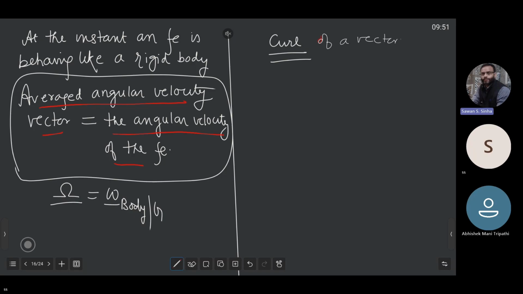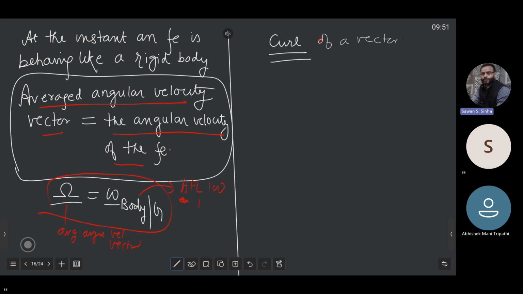Going back to what you asked, all the angles will become equal or opposite in direction. So the average angular velocity vector will collapse or become the same as the angular velocity vector of the fluid element. That's what I have written here. This is the average angular velocity vector.